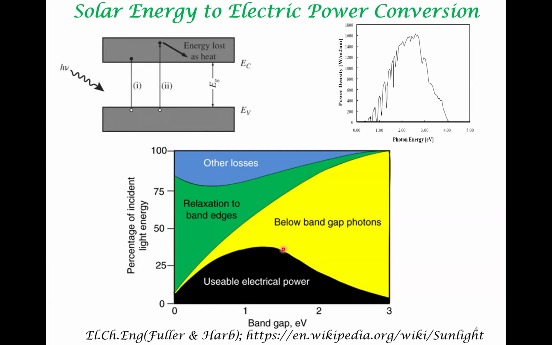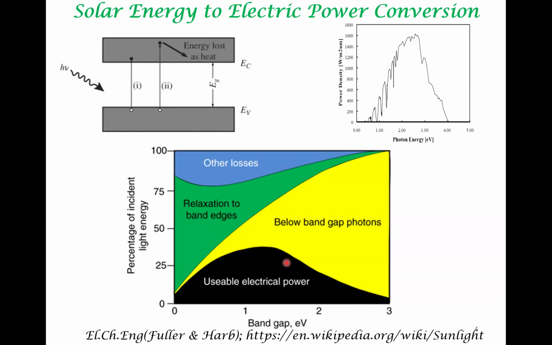So the useful region involves semiconductors that have a band gap somewhere here, right, in this region. Fortunately for us, the band gap of silicon, which is about 1.1, is in this region.